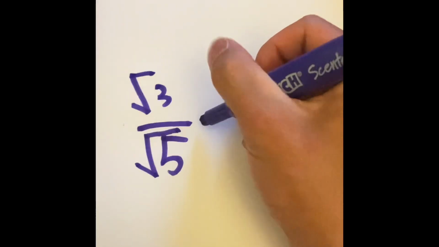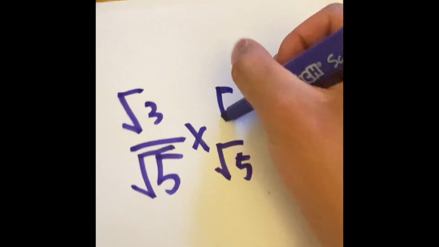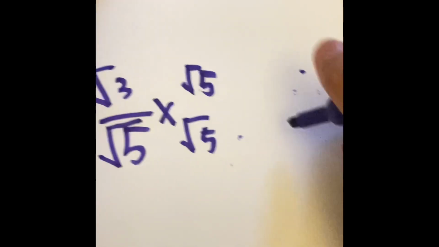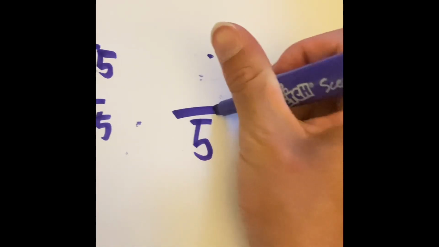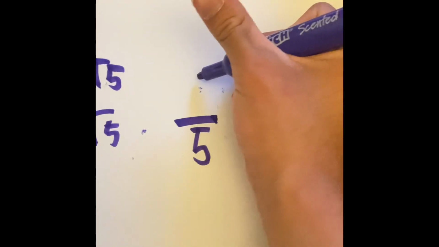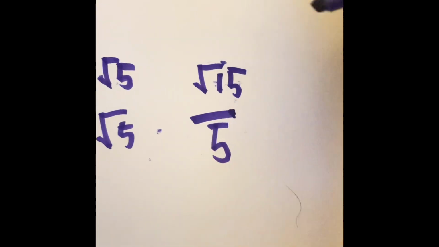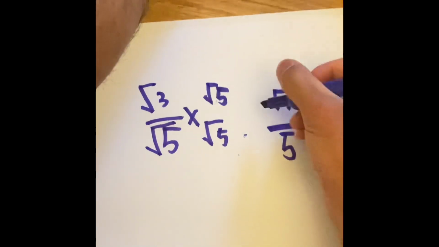So we follow the same rule again: multiply everything by the square root of 5. That becomes 5 as the denominator, and we have the square root of 15 on the top. And there we go, here's another one that was rationalized.